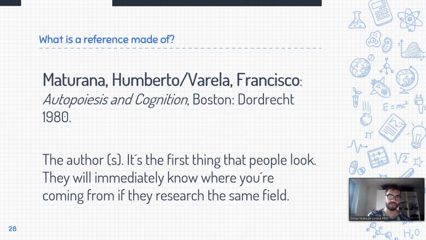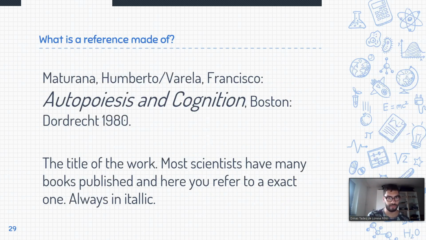Second thing, it's actually the book or the anthology, or the place where the author is published. For example, Maturana and Varela here, it's this book, Autopoiesis and Cognition. And it normally comes in italic. In CGL, it has to be in italic. The thing is, most scientists have many books published.